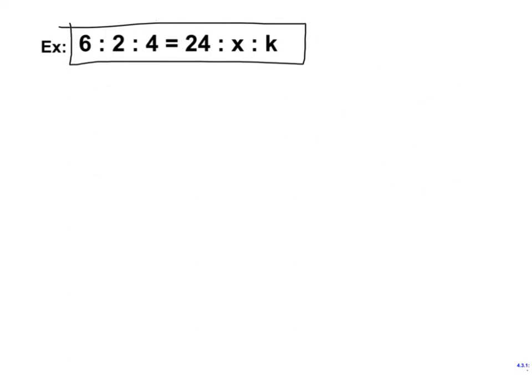So the only way you could possibly do this question is actually set up 3 different proportions. You're going to set up the first number over the first number.